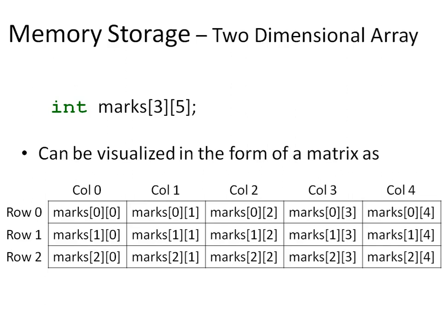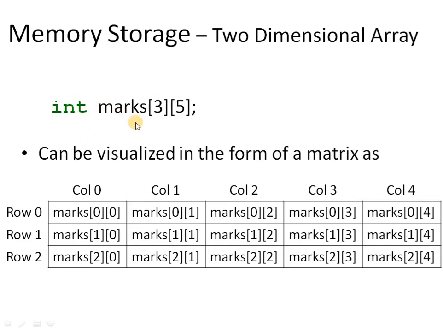That is, they are not stored in the form of a matrix as is shown here. Instead, there are two possible ways to store the two-dimensional array, either row first or column first.